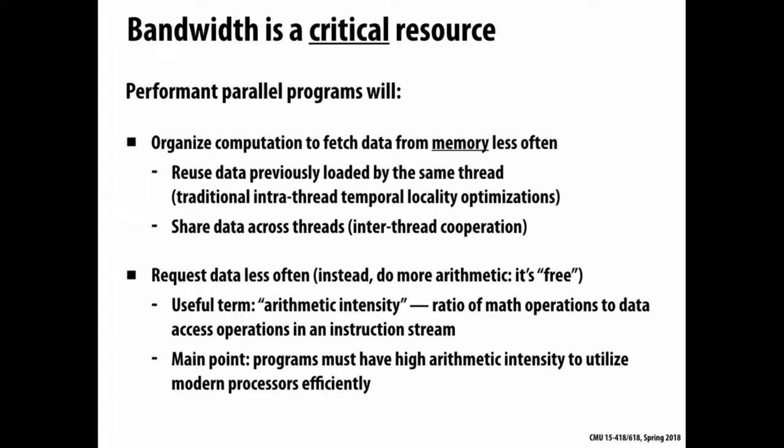For example, instead of computing something and storing it and using it multiple times, you just recompute it wherever you need it, because it's a lot cheaper to compute something than to store it out to memory and then bring it back. So things that, as computer scientists, we'd find totally non-intuitive become the right way to do things in a world where memory bandwidth is a more precious resource than the cost of performing arithmetic operations.